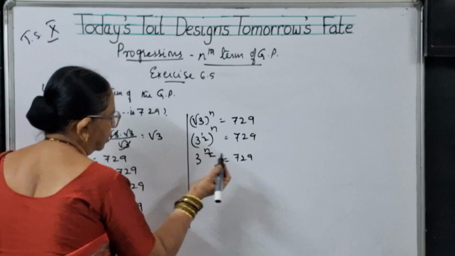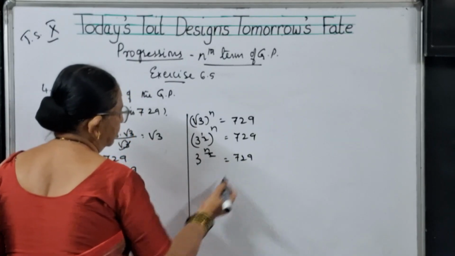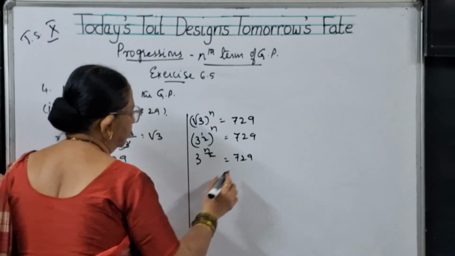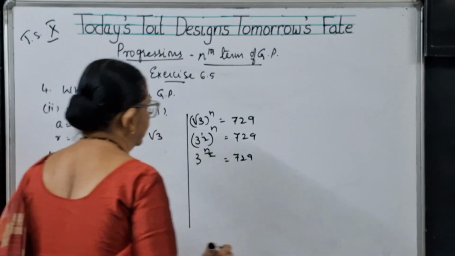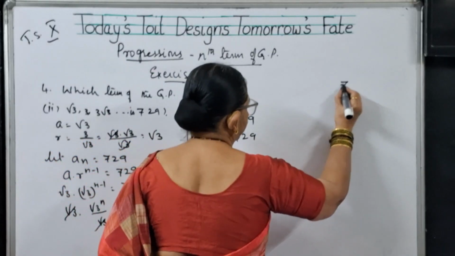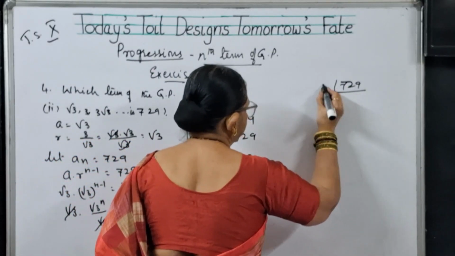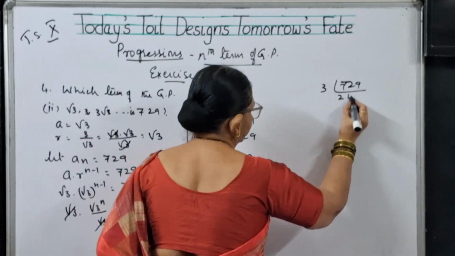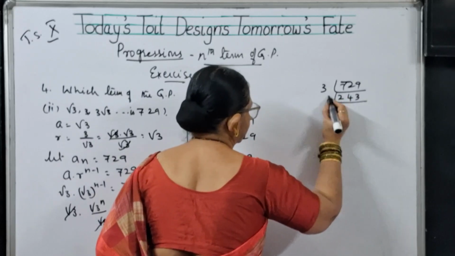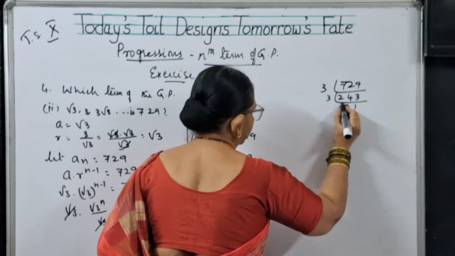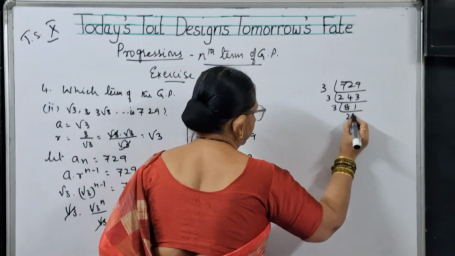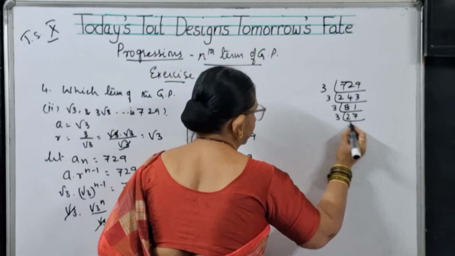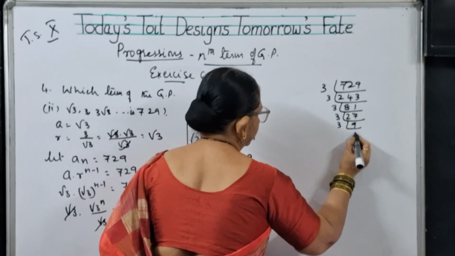Because here you have got 3 as base, let us convert this 729 also as 3 to the power of something. So let us take 729 divided by 3. 3 2s are 6, 3 4s are 12, 3 3s are 9, 3 8s are 24, 3 1s are 3, 3 2s are 6, 3 7s are 21, 3 9s are 27, 3 3s are 9.